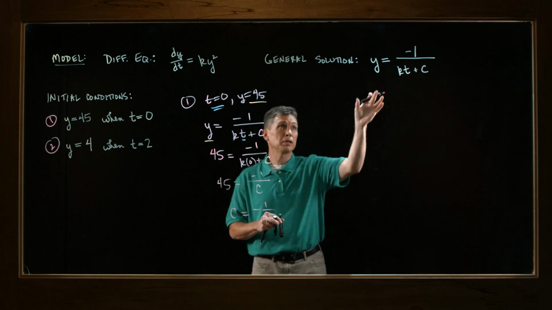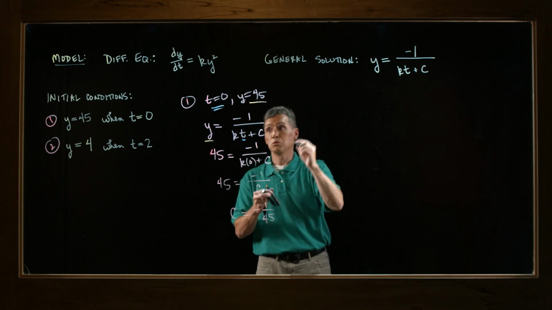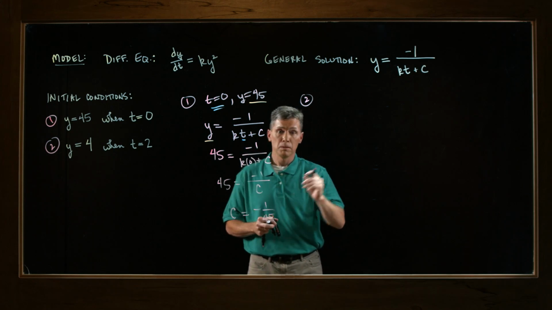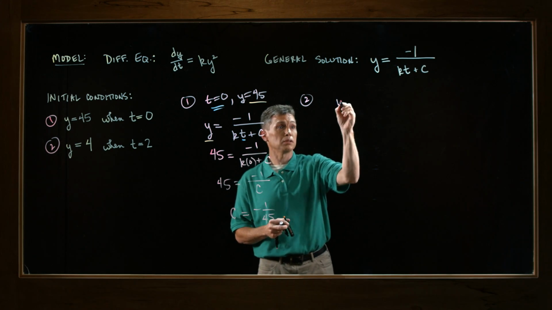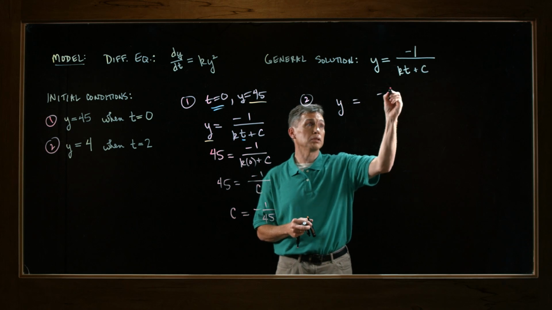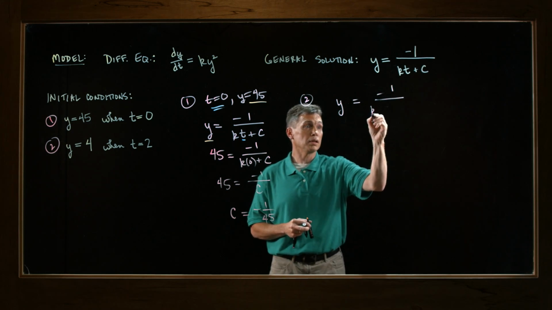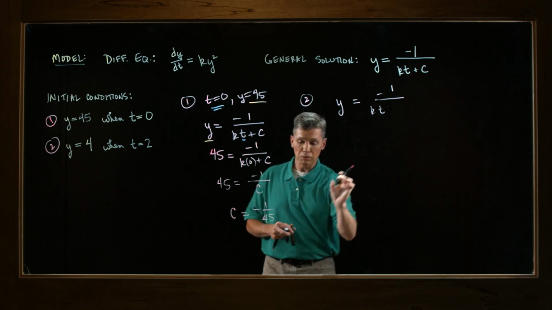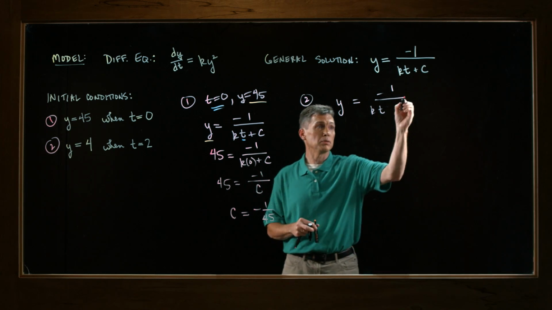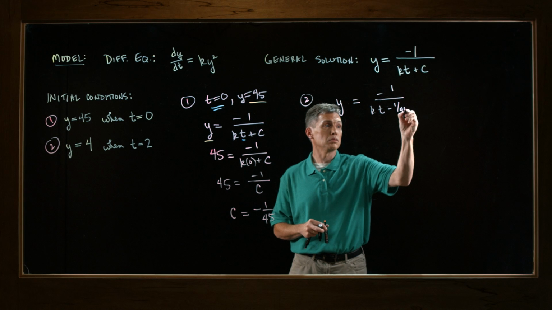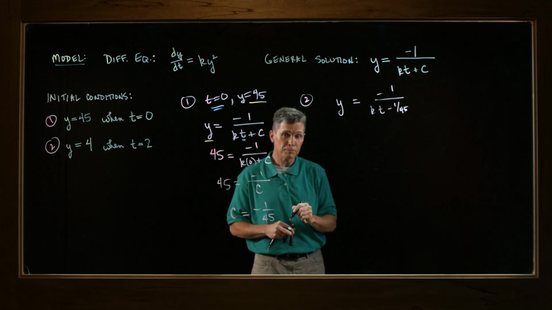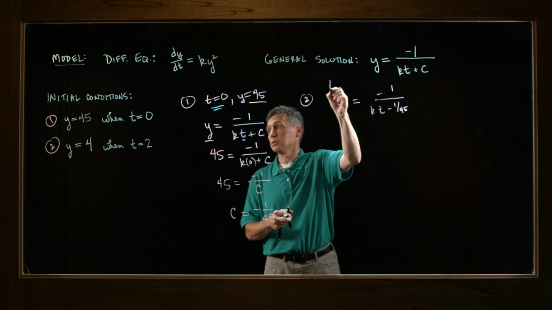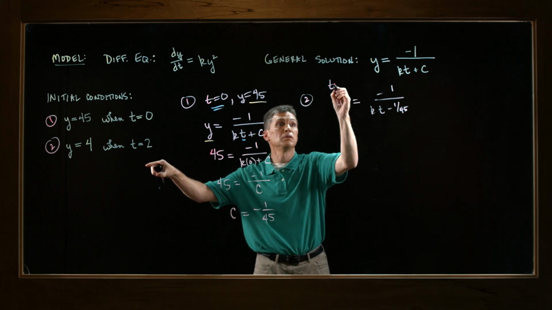So I'm going to come back to my general solution. I'm going to move on to my second initial condition given to me. But I start with the general solution, again, of y equals minus 1 over k times t plus c. But we've solved for c. We know that it's equal to minus 1/45. Now I use the specific y equals and t equals that they gave me in number 2.